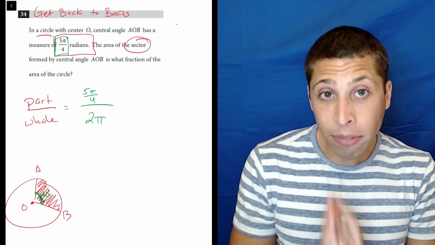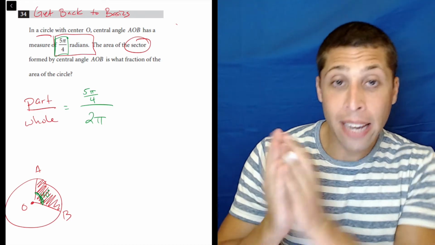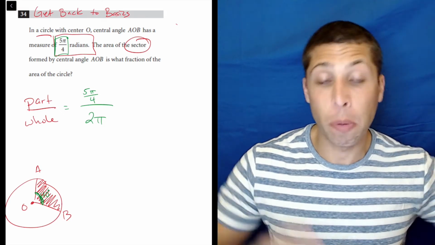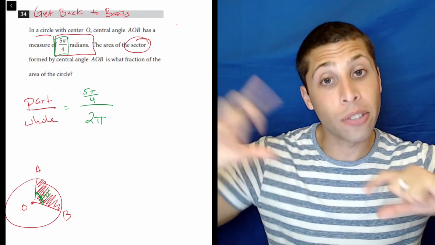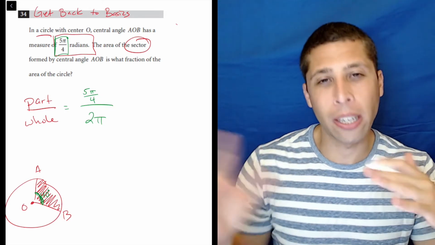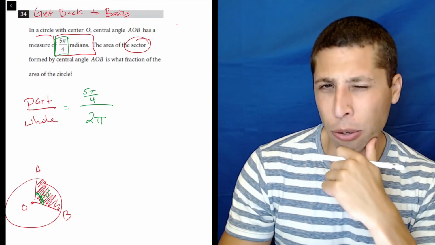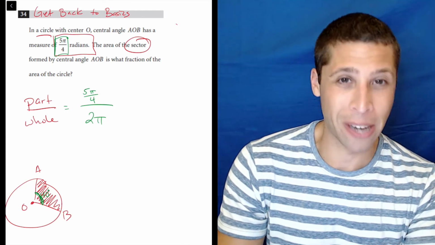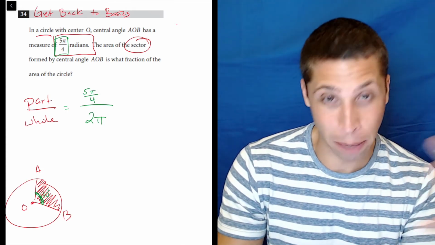Now, on a lot of these questions, what we end up doing is creating another fraction that we set equal to this. We basically use ratios and proportions to figure out a missing piece. And so there's a lot of cross multiplying and all that stuff, but here we don't need to do that. The first clue is that we don't have any other information, so there's nothing else we could put in another fraction.